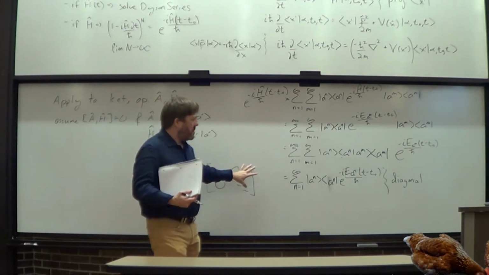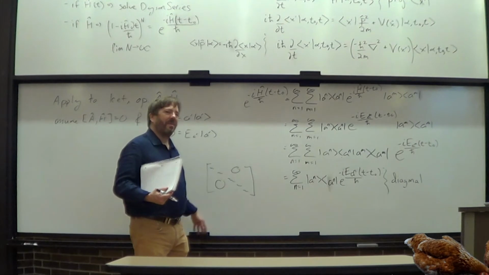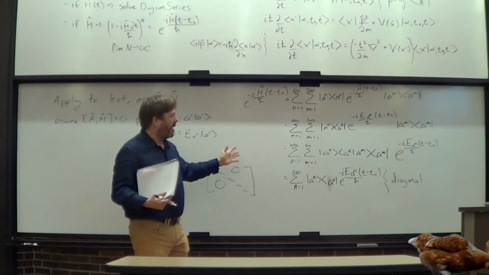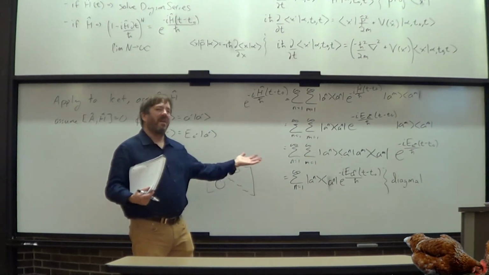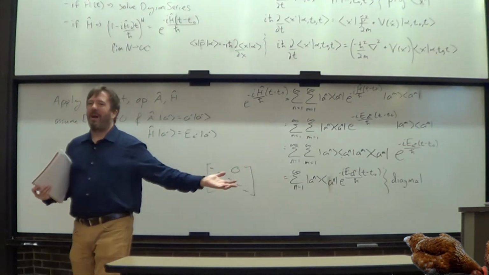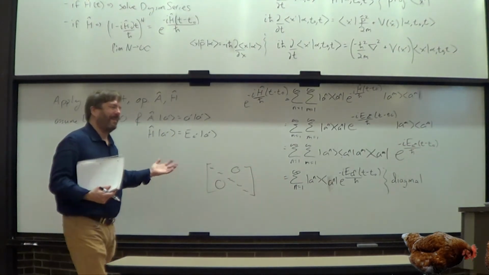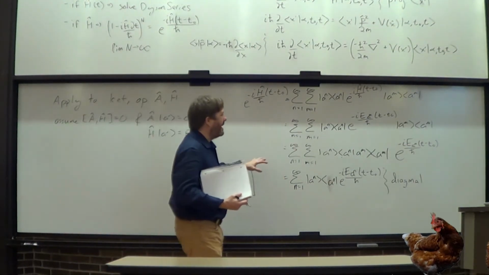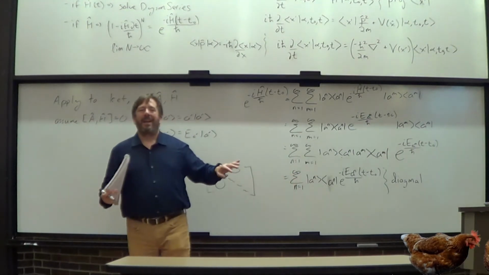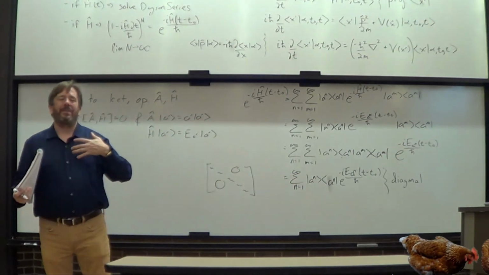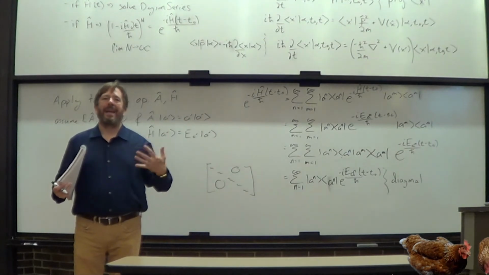Now, the thing that kind of slays me about this is the book does this, and it's like, oh okay, we've already covered this. I don't know why the book does this. We've already covered this.